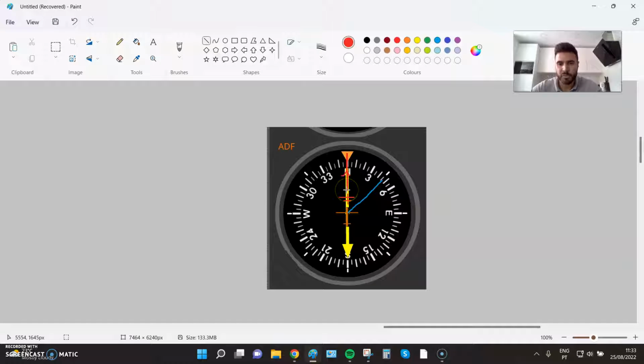And if I turn, for instance, to the right 10 degrees, I'm not going to intercept it. Let's say this is 045 here. If I turn until 045, I will not intercept it, okay? From 360 to 045, I'm not going to intercept it. At 045, I'm going to be parallel to it. So I need to do more than 045 to intercept this QDR.